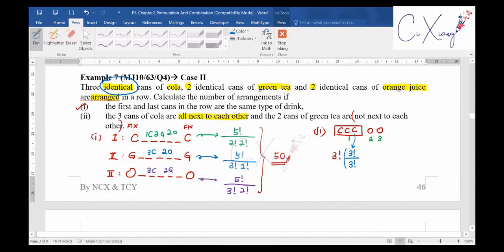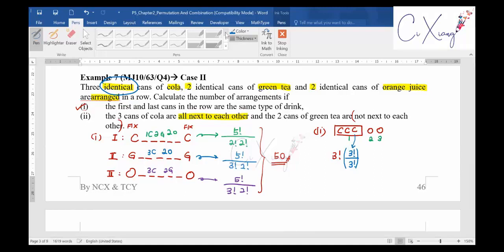So 3 factorial divided by 3 factorial is equals to 1. You might see that sometimes some reference books will not write out the step here. But to me, I want to show you what I have taught you just now, so I want to apply it here. You're arranging 3 items, so 3 factorial. But these 3 items are repeated, therefore I have to divide by 3 factorial as well.